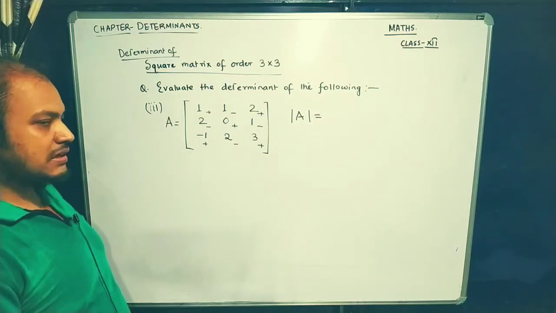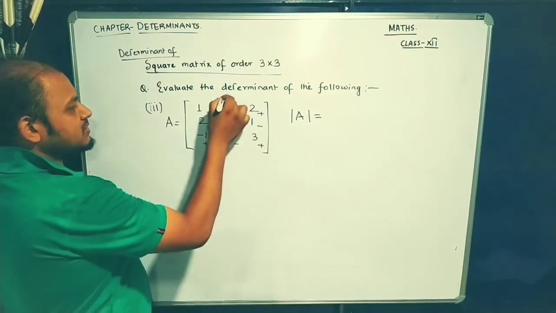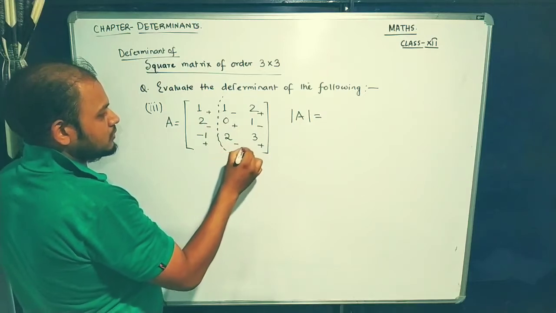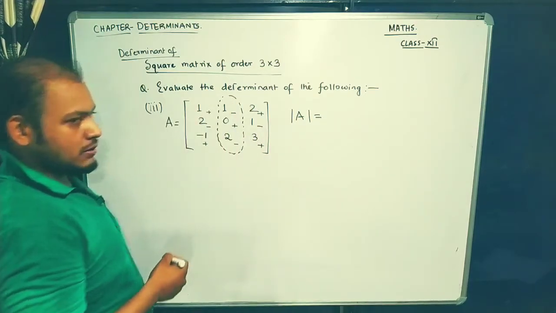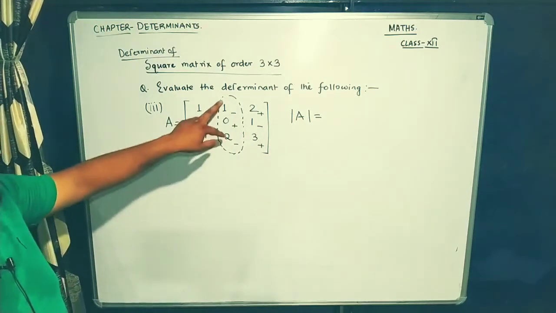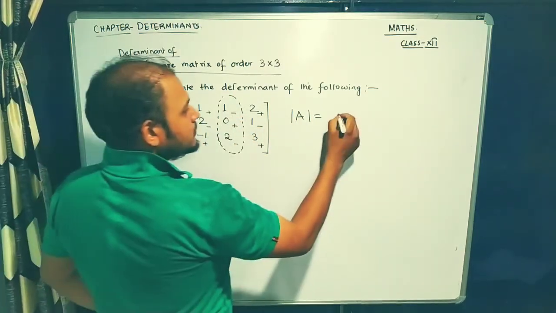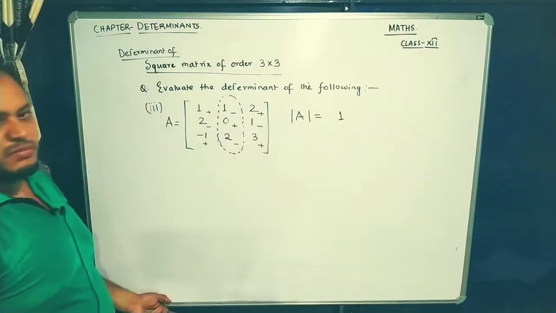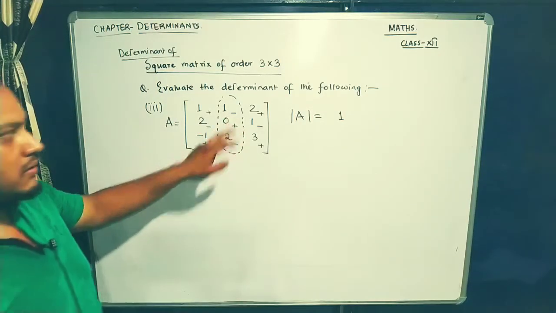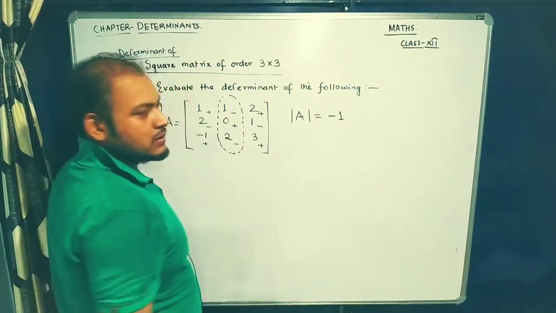This time let us select a column. You can choose any row or column. So for this example, let us select the column 2. So what is the first element? It is 1, right? And what is the sign before 1? See, there is a minus sign. So place minus 1 here.